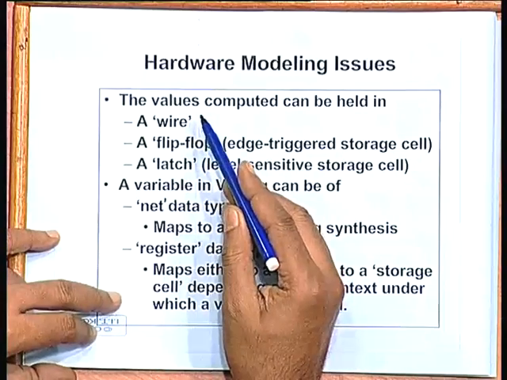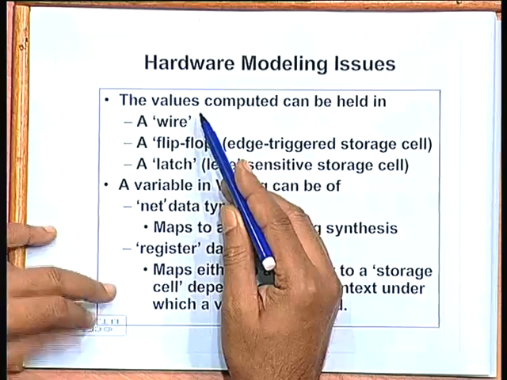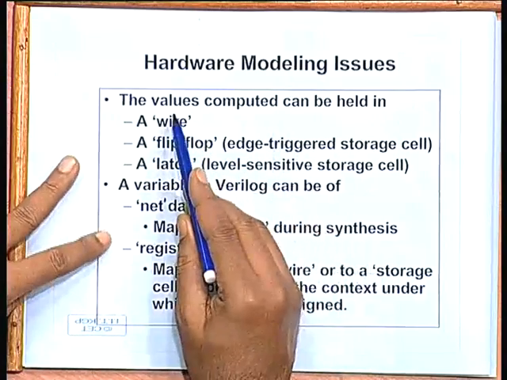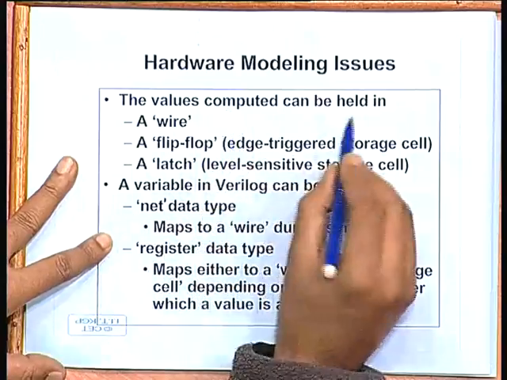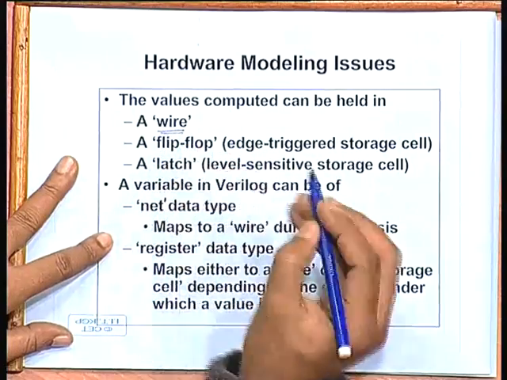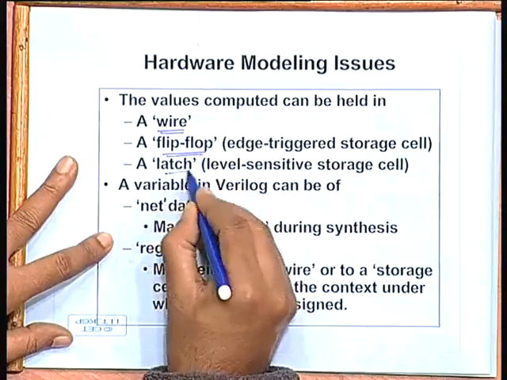Okay. Now in Verilog, depending on the types of the variables and the way you are using them, the values computed can be stored temporarily, I mean either in a wire or in a flip flop or in a latch.